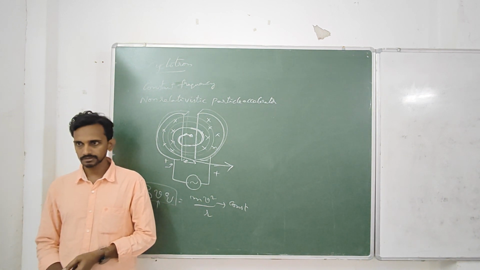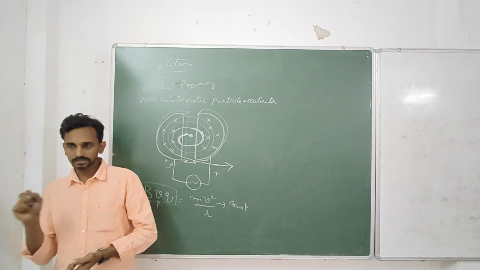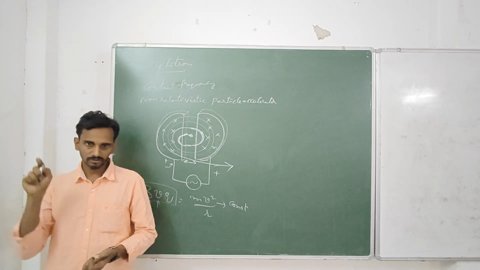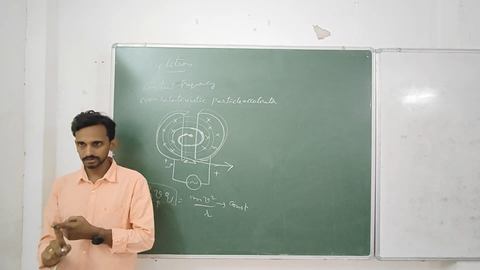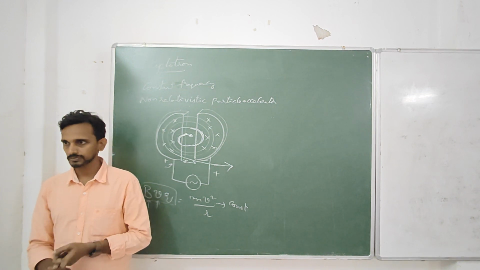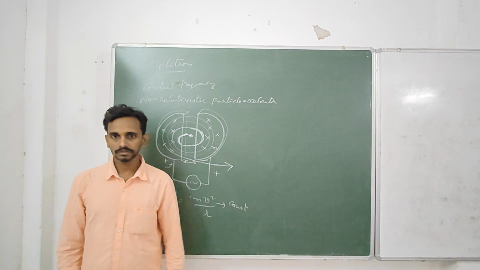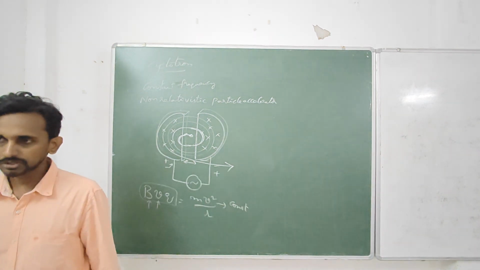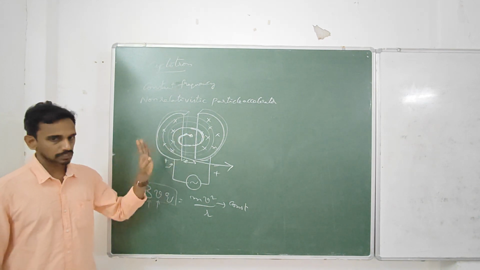The speed remains constant, but the direction is changing from point to point. That is why it is called centripetal acceleration, centripetal force. But the magnitude of speed remains constant. So we cannot expect any higher speeds if there exists only a magnetic field.